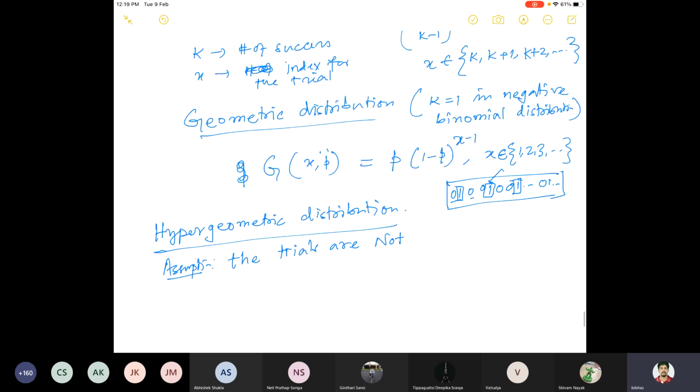Sir, why is this called geometric distribution? That is a good question. I thought I would ask you that. Any guess why it is called geometric distribution? Is it related to geometric series or something?